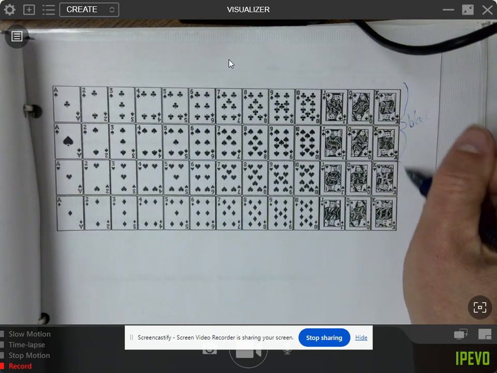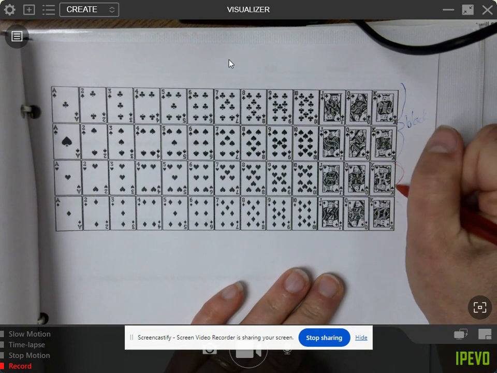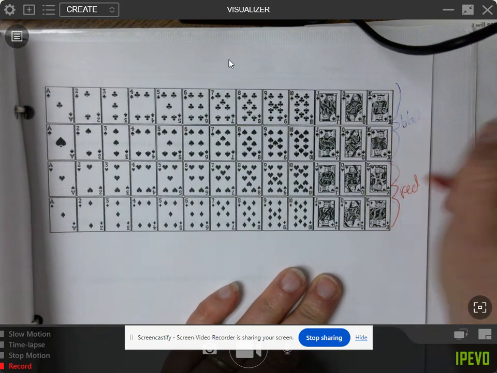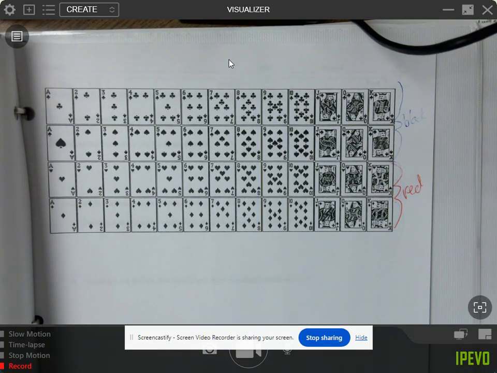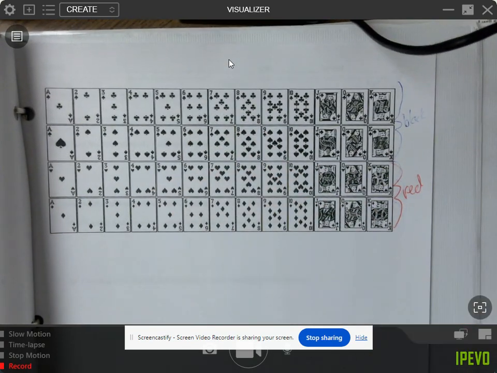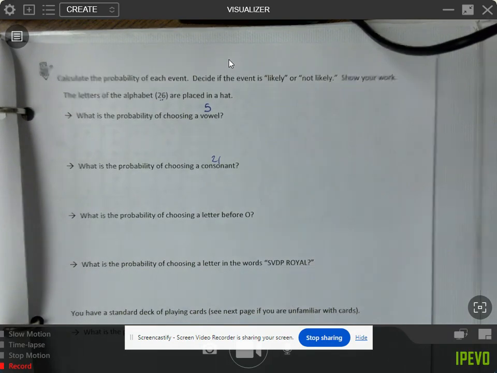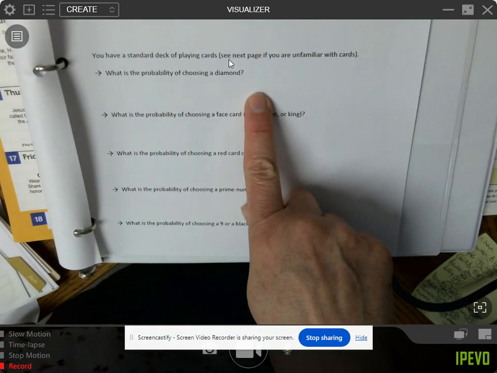The bottom 2 rows are red. So the top 2 rows are black, bottom 2 rows are red. We've got clubs, spades, hearts, and diamonds. Use those to answer our questions on the bottom.